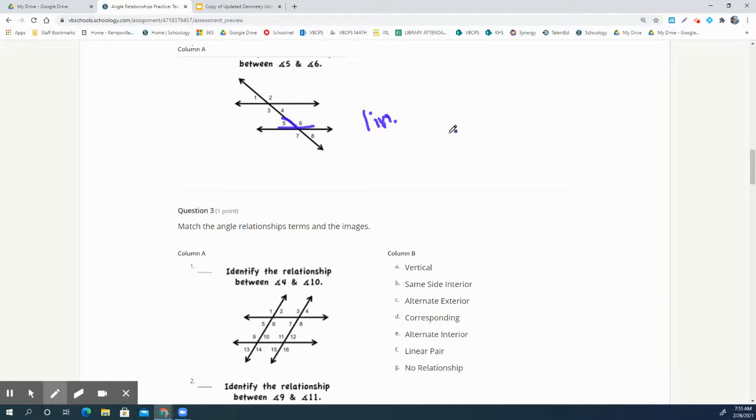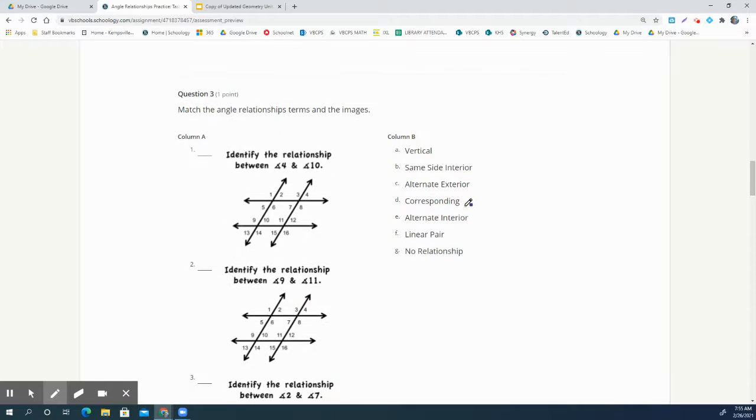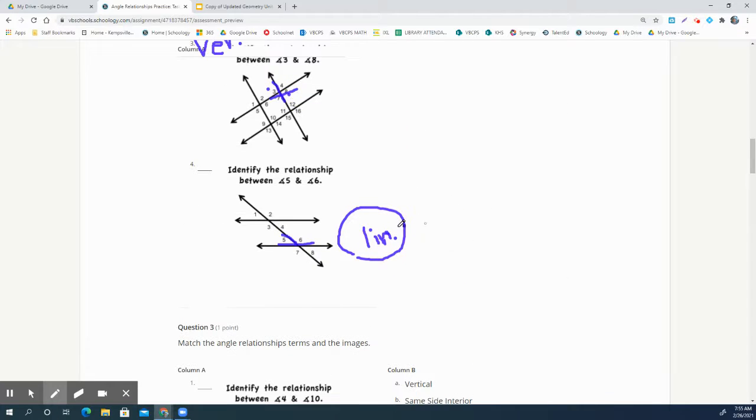Last unit, unit 2, we did vertical and linear pairs at the very end, right? Probably still a little shaky for some of you, but linear pairs and vertical pairs are always in the same intersection. The alternate interior, same side interior, alternate exterior, and corresponding are always going to be in 2 separate intersections. That's how they're different. 5 and 6 is, somebody help her out. Linear pair.